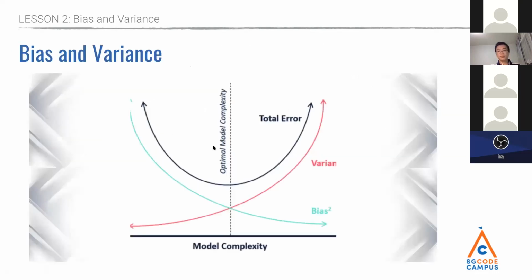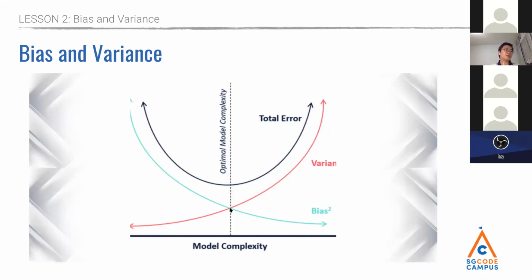This is a graph that indicates how it changes. Bias decreases as model complexity goes up. Variance increases as model complexity goes up. So we want a model that is just at this point where it has fairly low bias and variance.